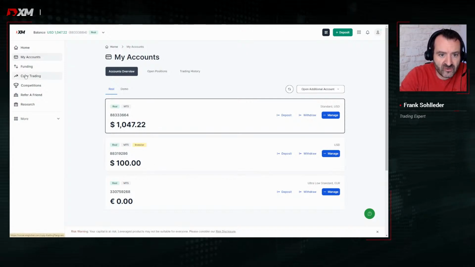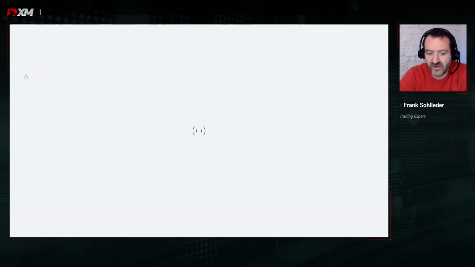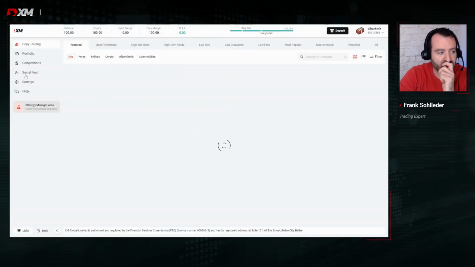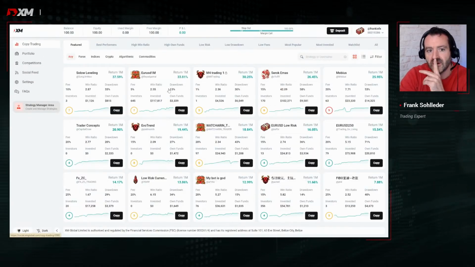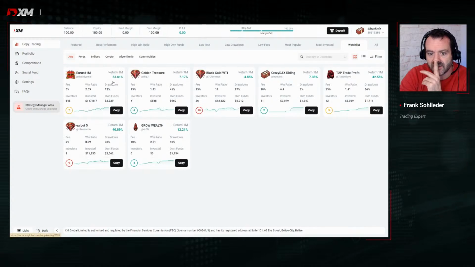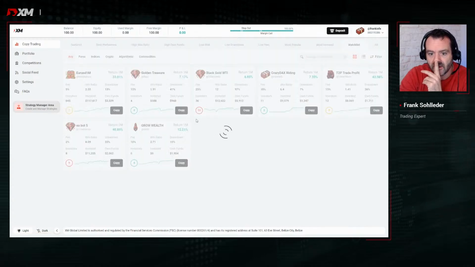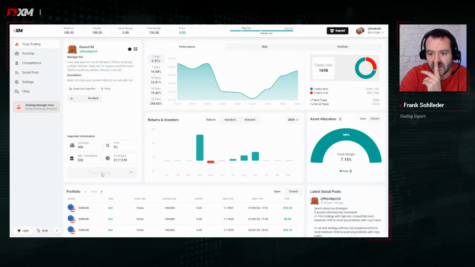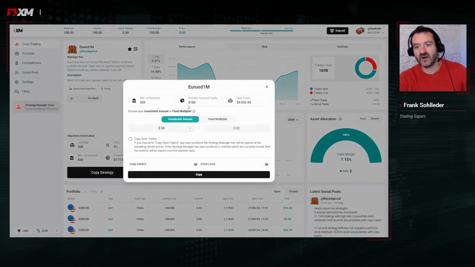Now I'm going back to the copy trading section, and now this is something very important we are going through now. So please pay attention, because this is the strategy we want. We go through the watch list again so that we are really sure. Yes, this is the one that we want to have. So we are copying the strategy. And now you see the investor account equity does have the $100 there.